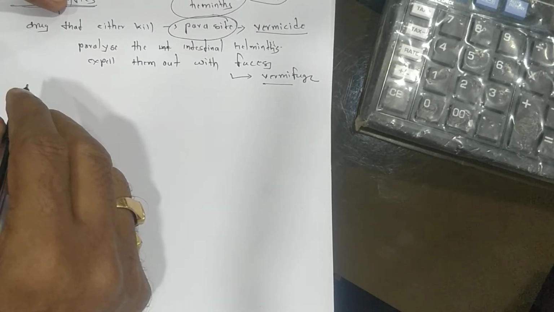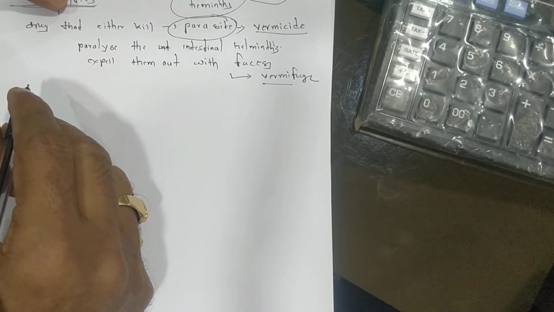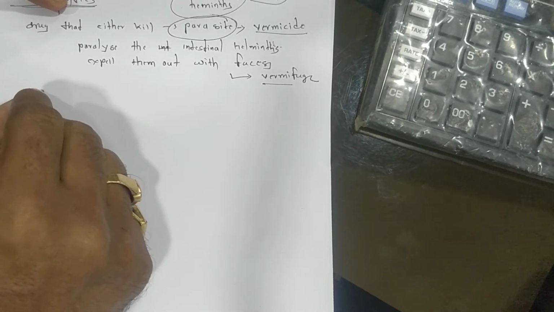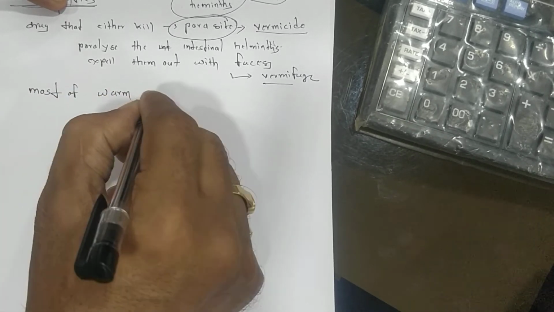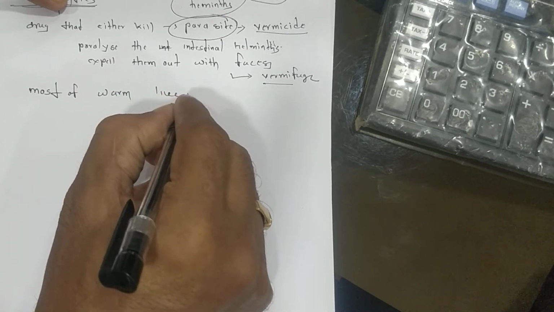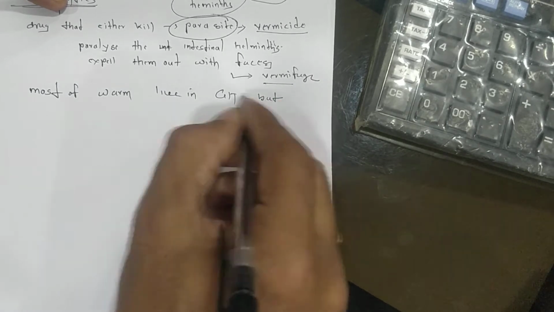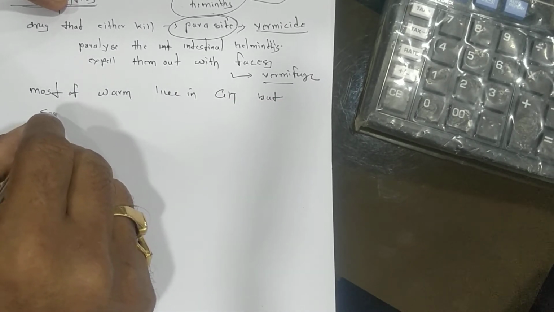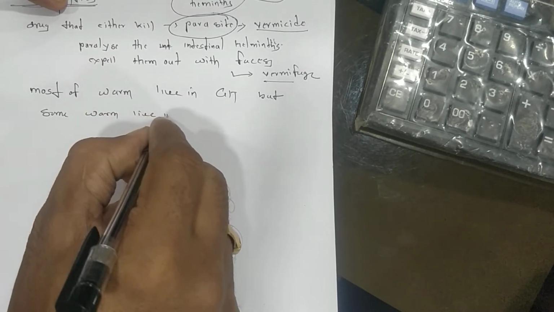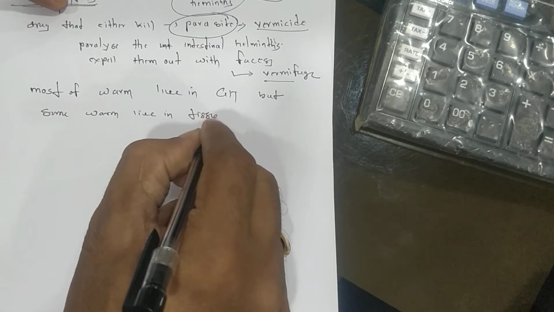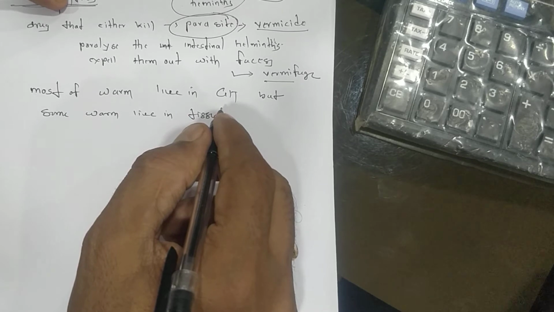Most of the worms live in the GIT, gastrointestinal tract, but some worms live in tissues. और कुछ वर्म्स है वो टिश्यू में भी प्रेजेंट रहते हैं.